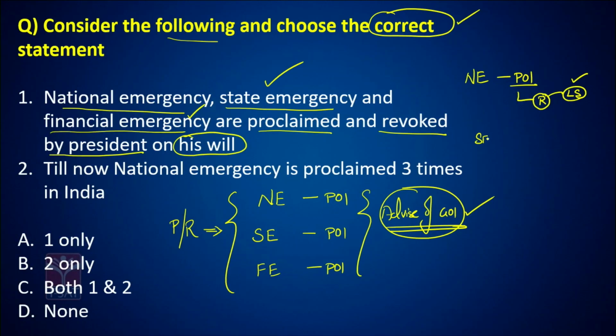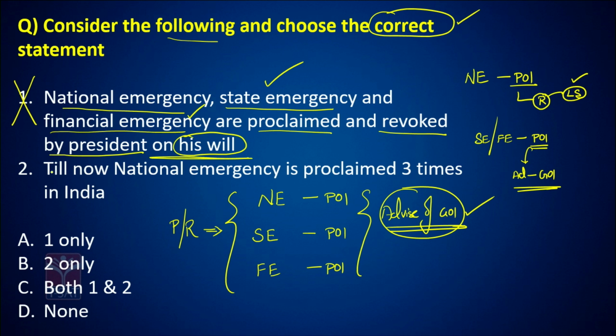The state emergency and financial emergency can be revoked by the President only on the advice given by the government. Now I hope this is clear. So this is a wrong statement. Why? On his will is wrong.